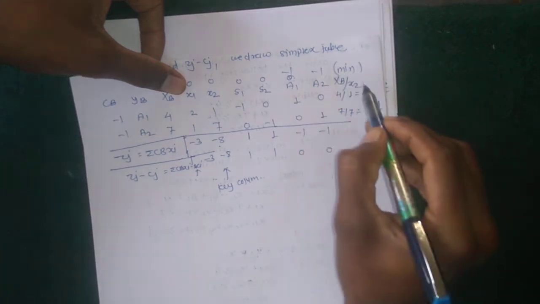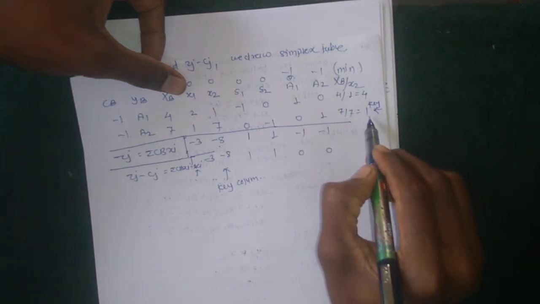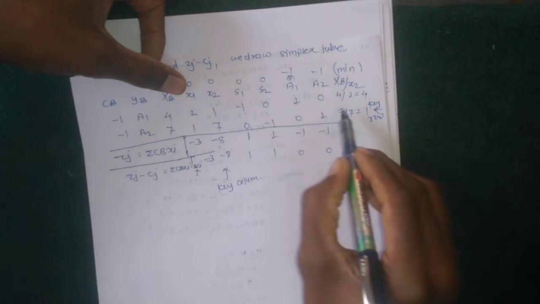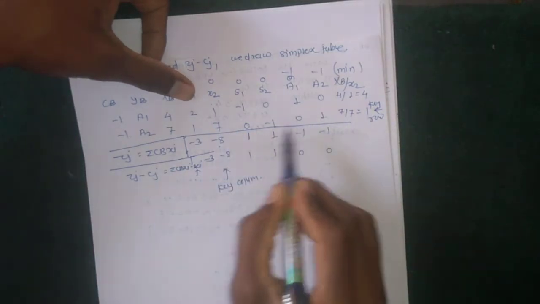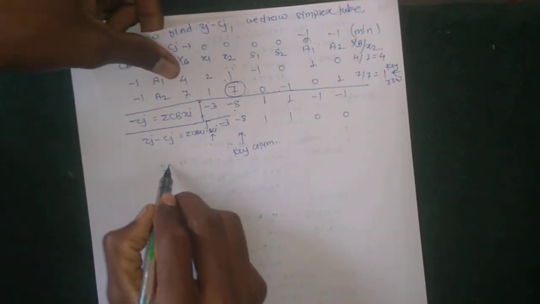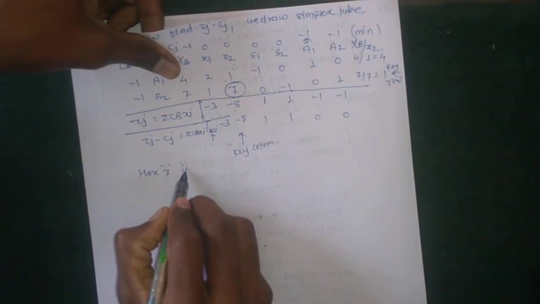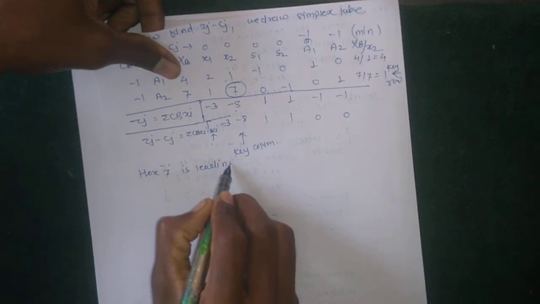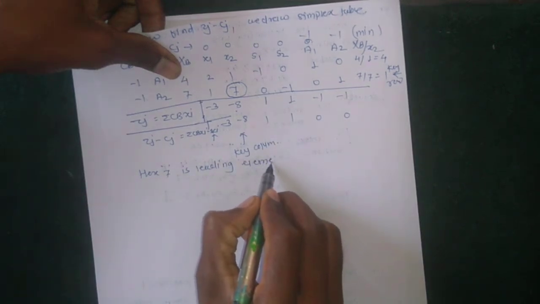Choose the minimum of them. The intersection of key row and key column is 7, so 7 is the leading element.